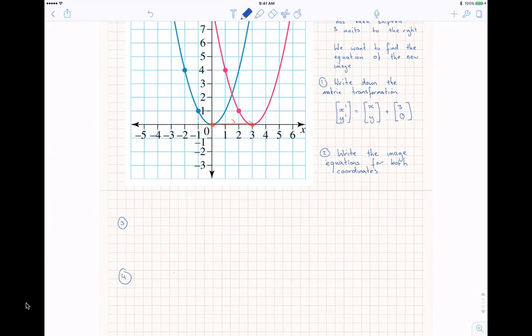So our image of x is given by our old x plus 3. Our image of y is just given by our old y plus 0, which is of course just y.